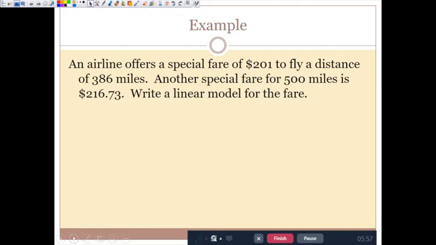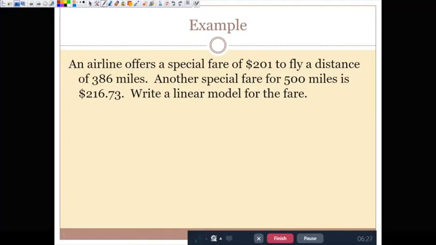So does the amount of money I spend change the amount of miles, or does the amount of miles that I fly change the amount of money that I spend? Yes. The miles changes the money. Right? So my miles are going to be my X value, okay? Because the amount of money varies directly with my amount of miles that I am flying.